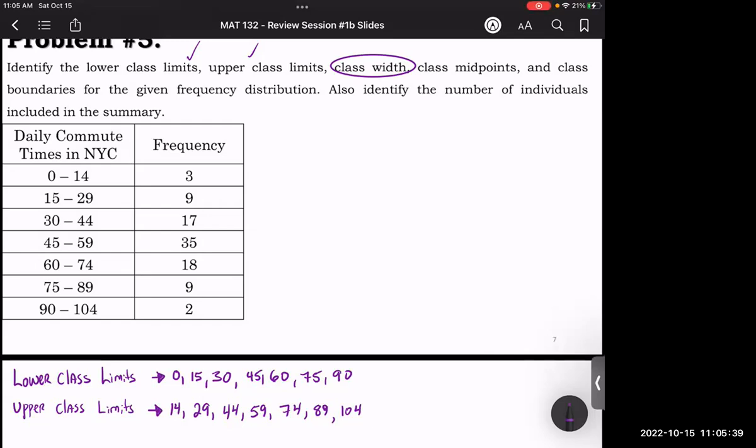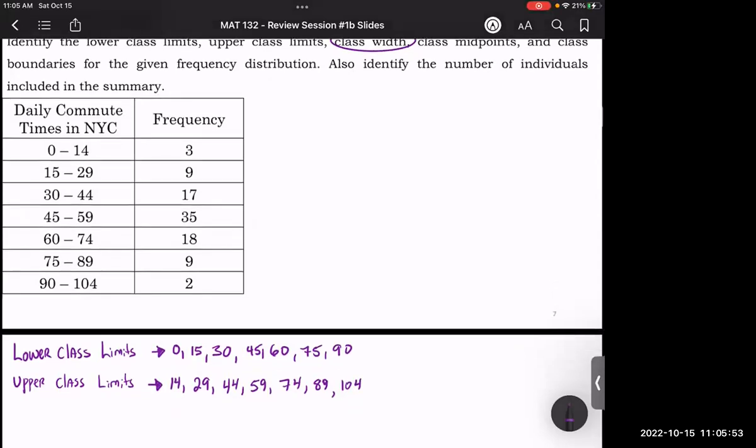What are we doing with those numbers again? Subtracting. That's right. You don't have to do it for all of them. You just have to do it for any consecutive lower class limits. Let me write the definition down so that we have it.